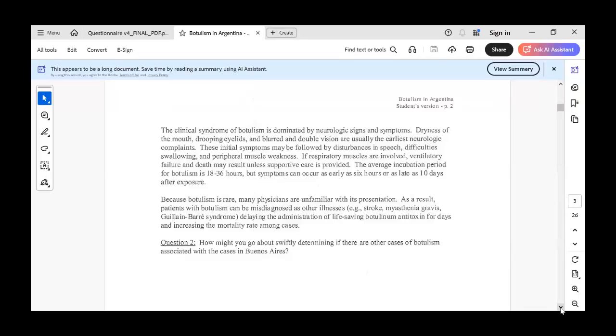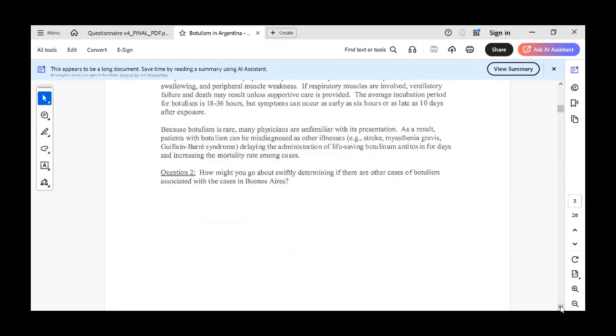The average incubation period for botulism is 18 to 36 hours, but symptoms can occur as early as 6 hours or as late as 10 days after exposure. Because botulism is rare, many physicians are unfamiliar with its presentation.